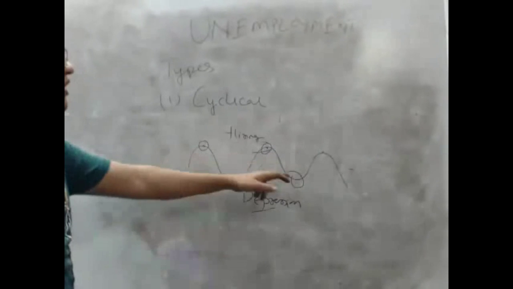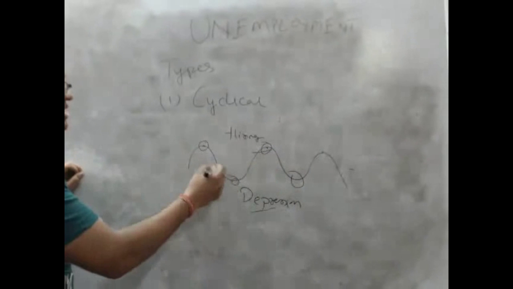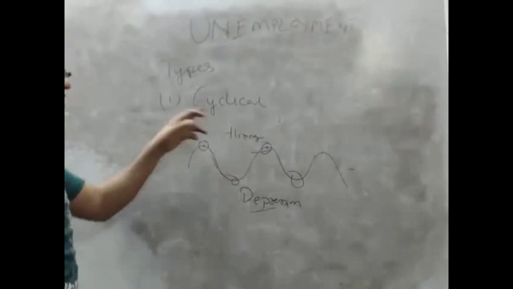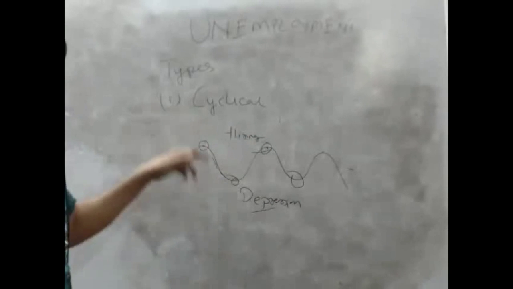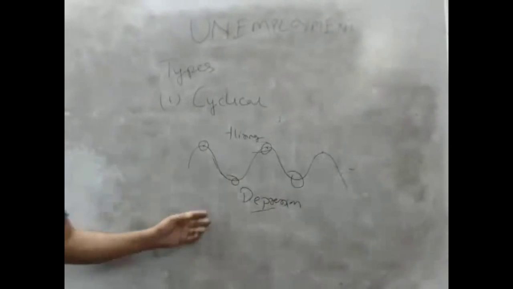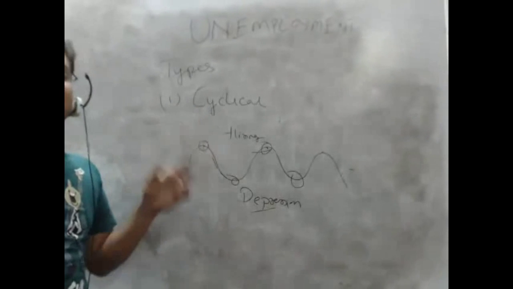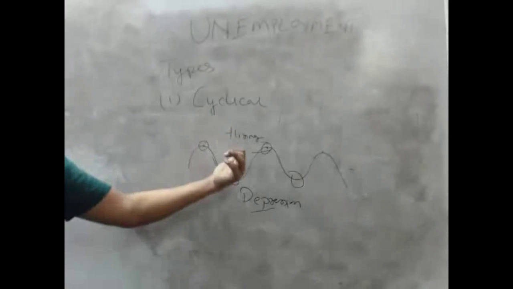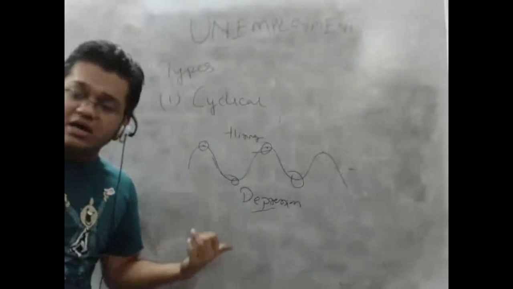There will be cases when you will move from boom to depression and depression to boom. So since this cycle is evident, this unemployment is also evident and it will be there. So steps cannot be taken to remove cyclical unemployment, because until and unless you remove the business cycle, you cannot remove this unemployment. Is it clear?